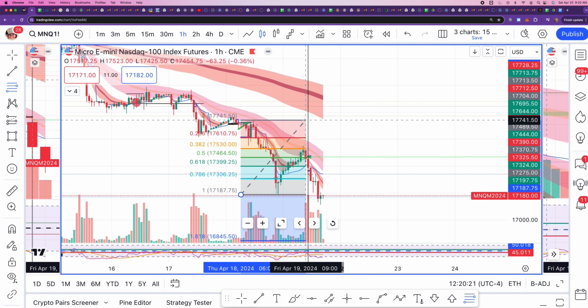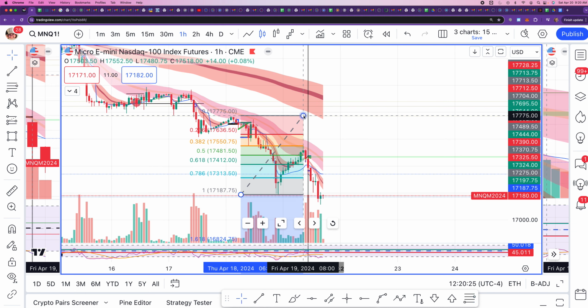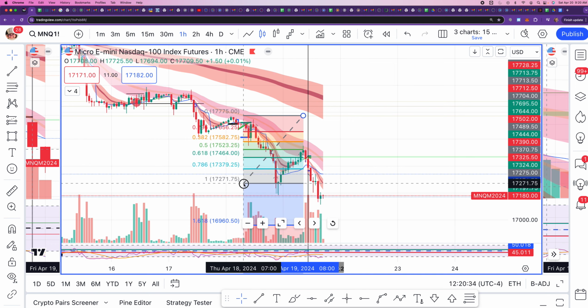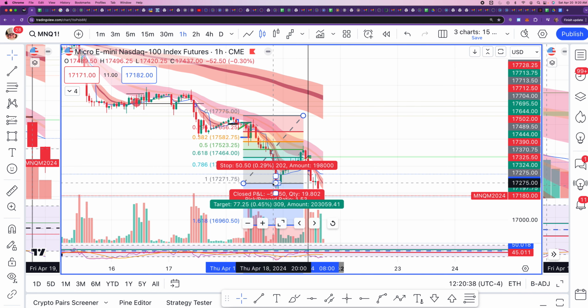So where did price go? Price went to this 0.382 line, or you could look at it and say, okay, I'm not going to count that wick, but I'm going to count here where these bodies pivot around.